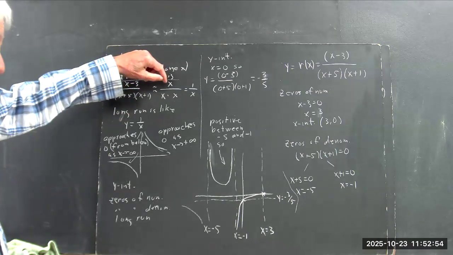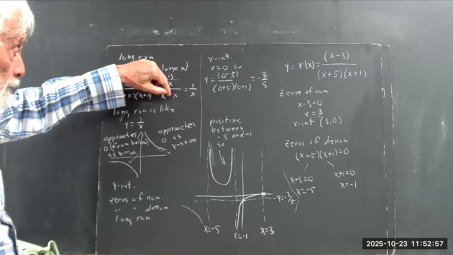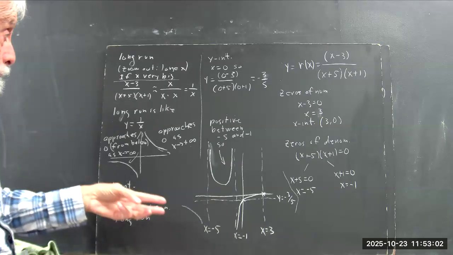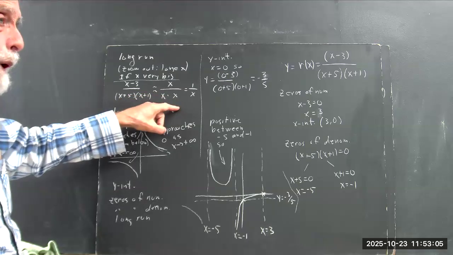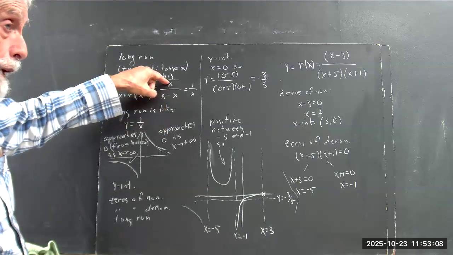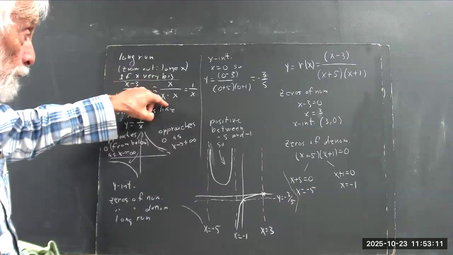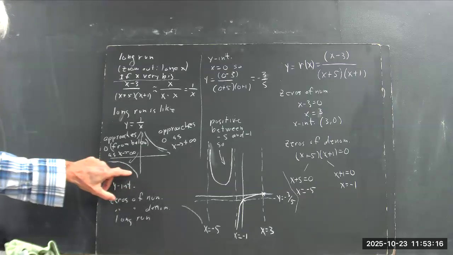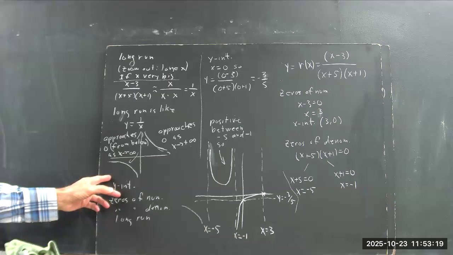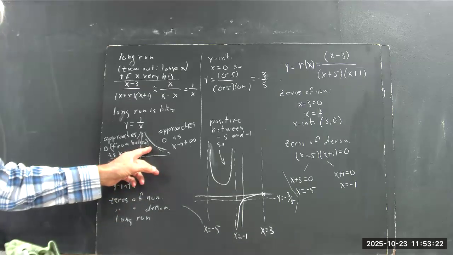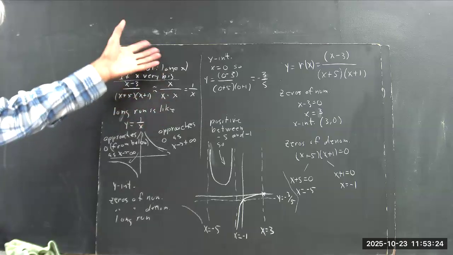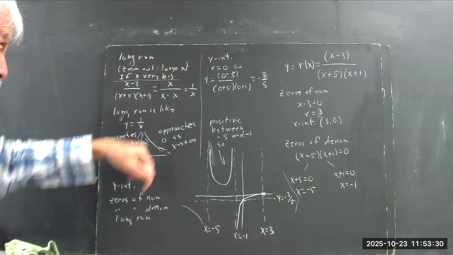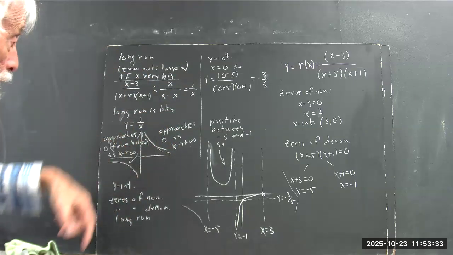If x is a big negative number, then you have a big negative over a big negative times a big negative. That's three negatives, which makes it negative. And since you have the product of two of those numbers in the denominator, only that number itself in the numerator, it's going to approach zero, but it's going to approach zero through negative values. And you notice that the y values in this curve are all negative in this half of the curve. The y values in this half of the curve are all positive because if x is a big positive number, everything's positive. You're approaching zero, but you're approaching it through positive y values. So that's what it looks like.